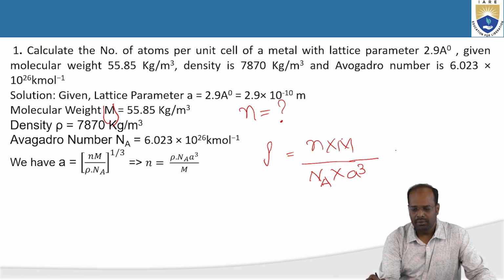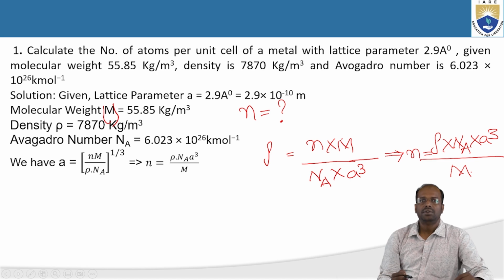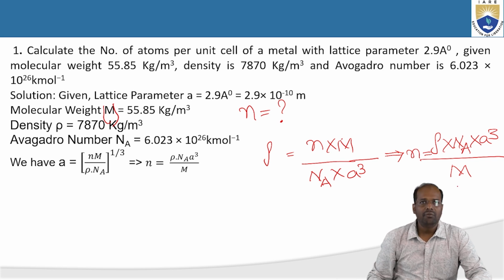Here we need to calculate N, so N is equal to rho into N_A into a cube divided by M, where M is the molecular weight. We just substitute the values, which we already mentioned.